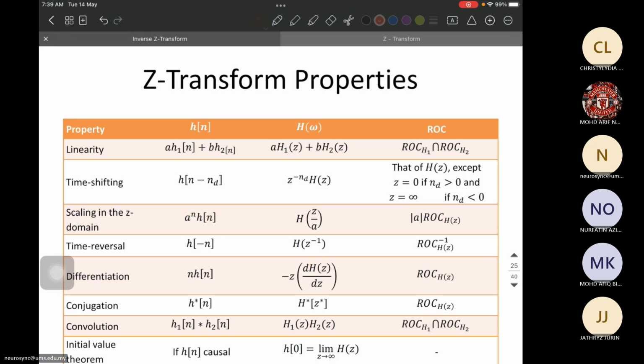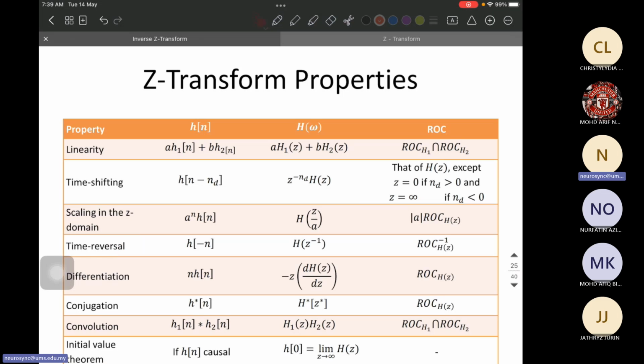So if we have a to the power n h of n, then this is basically the scaling in the z domain. And for the ROC, since we are doing scaling, modulus of a times the ROC of H will be the ROC for this scaled H of z.